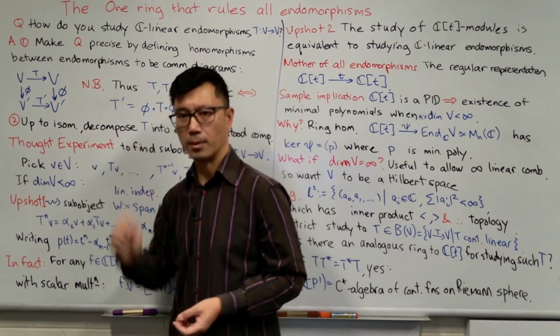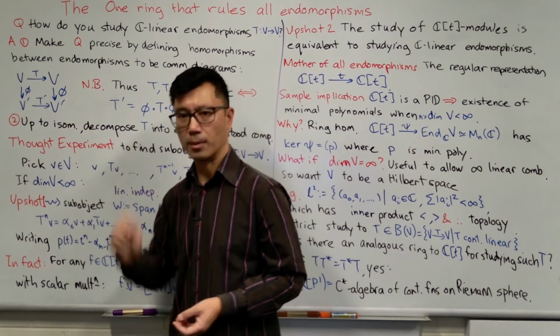So suppose now you have any polynomial f in little t, then you can take that polynomial in this linear endomorphism T, and that will give you a linear endomorphism from V to V. And this essentially gives us a C[t]-module structure on this V. So we need to know what that module structure is.